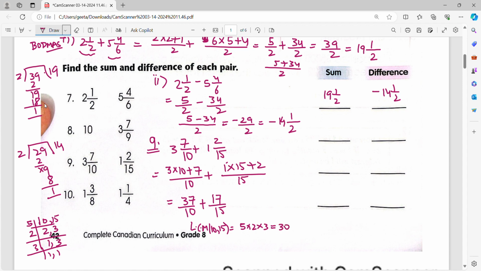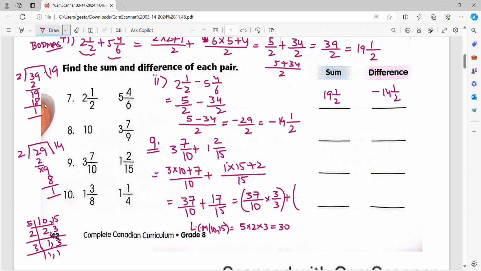Am I clear? Okay, so it's 37 by 10. Tell me how you have to make the denominator 30. What are you going to do? You will multiply it by 3.